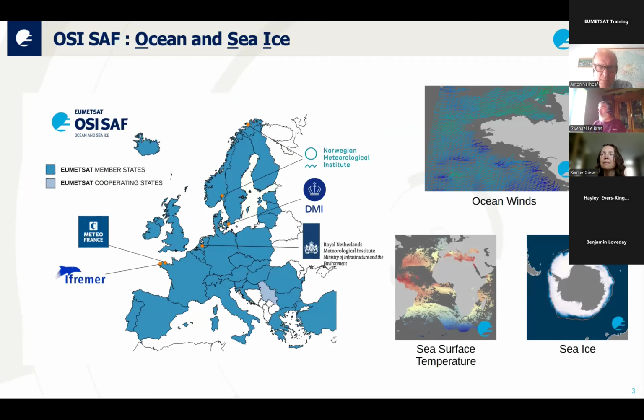This consortium works on producing data on ocean winds, but also on sea surface temperature and sea ice. For ocean winds, as Anton will explain, we are producing scatterometer wind data.